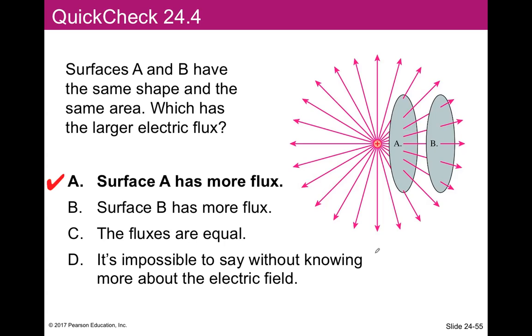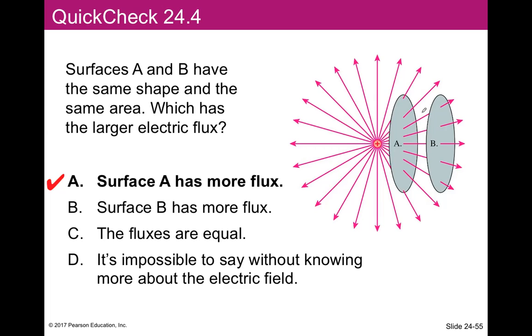Okay, the answer is A, because as we said, you can consider the electric flux to be the number of field lines going through the surface. You can just count how many field lines go through the surfaces.